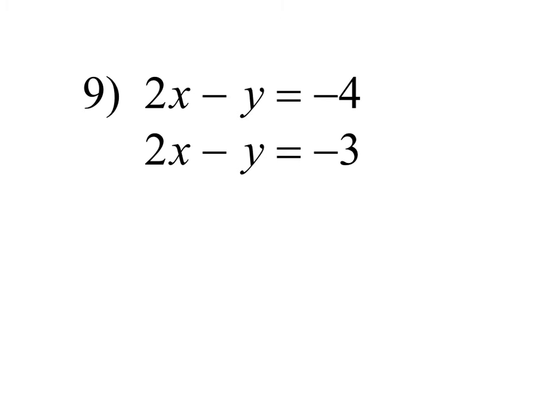What can we multiply by it? Negative 1. So we're going to multiply everything in our first equation by negative 1. So our first equation is now negative 2x plus y is equal to, what's negative 4 times negative 1? Positive 4.